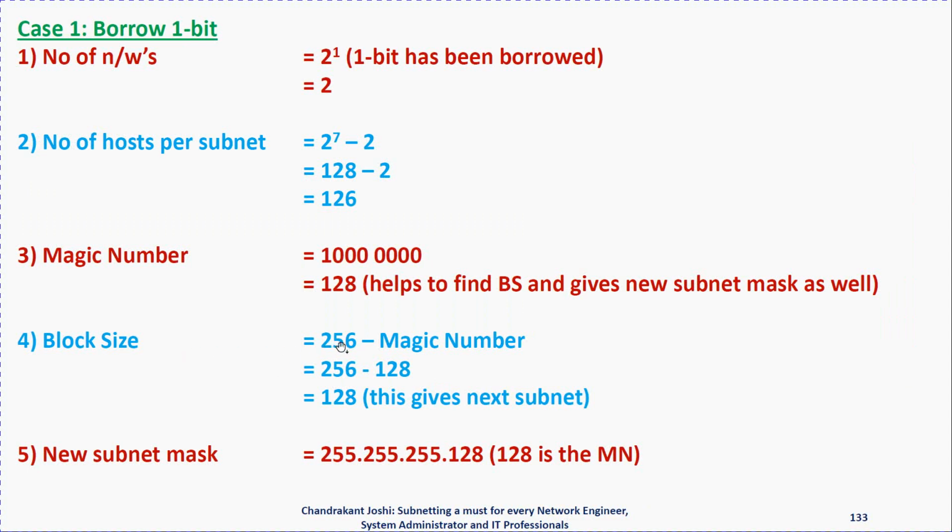So block size formula is 256 minus the magic number. So block size we get from magic number, and magic number we get from this information, how many bits have been borrowed. Likewise, we need to find the new subnet mask, which we get again from the magic number.